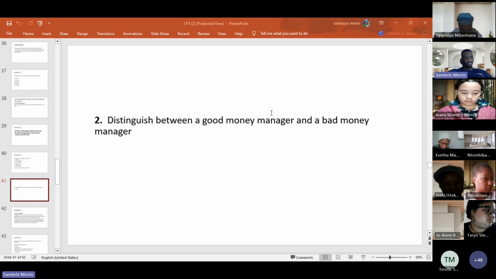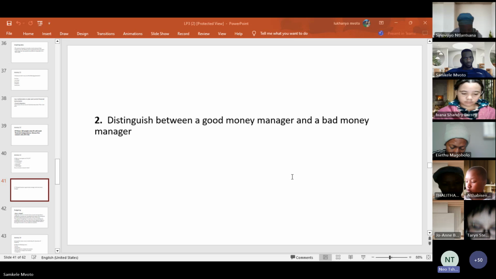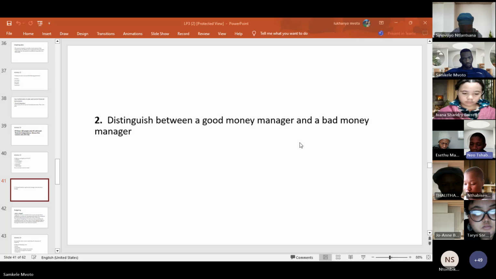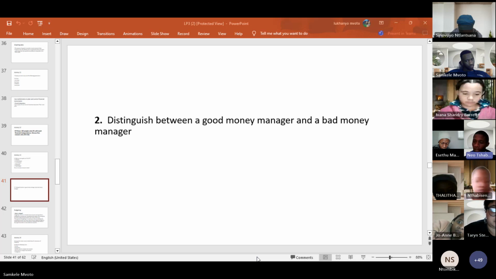Neo, your hand was up. Neo, you can go ahead. What I got here is basic budgeting, which means the manager budgets monthly for their expenses, their needs, and so on. And they avoid making unnecessary debt of huge amounts, which will cost huge deductions later on.